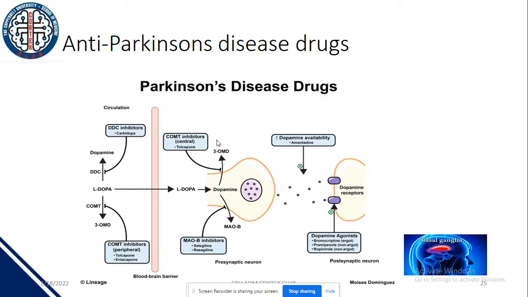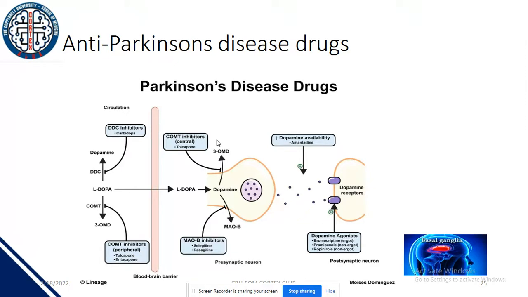For now, let's just take them as other substances that dopamine can be converted to in the brain. So we are preventing this from happening. We want dopamine first to do its role before it can be converted to these two.